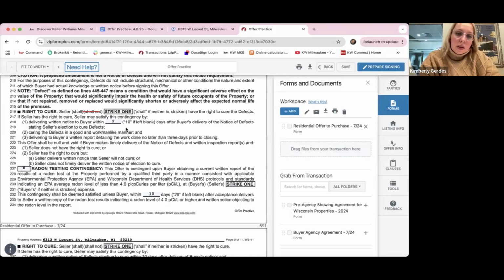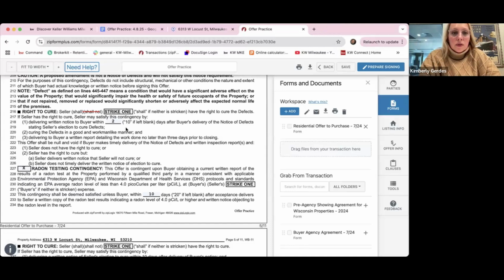So they send a notice back to the buyer after the buyer delivered that notice of defects, stating that they're going to cure them. Again, we didn't come to an agreement in an amendment, and your buyers are like, this is what has to happen. If they can't do it, we're ready to walk.